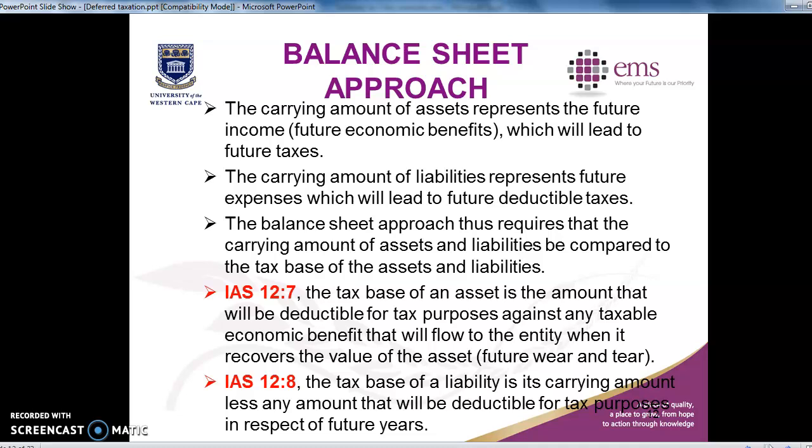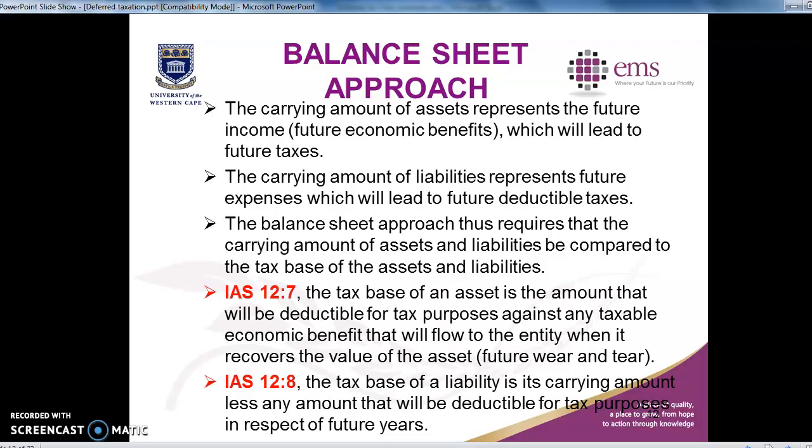The same applies to future income that's embedded in our assets. So when we recognize our future income in the form of assets, the carrying value represented by our assets, we should then also recognize the expected tax associated with that future income, right? So when we recognize our future income, we should also then recognize the expected future tax. And that future tax is then known as deferred tax.